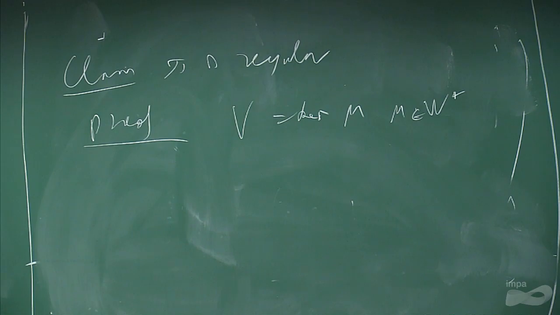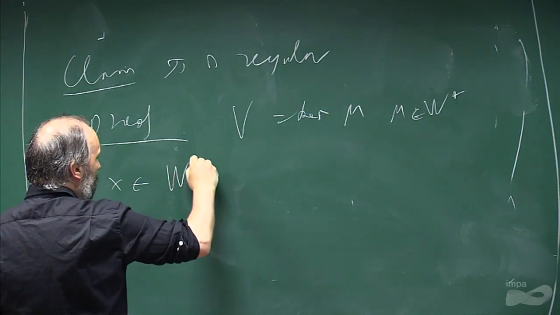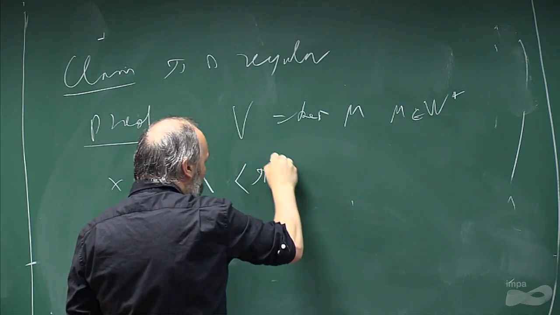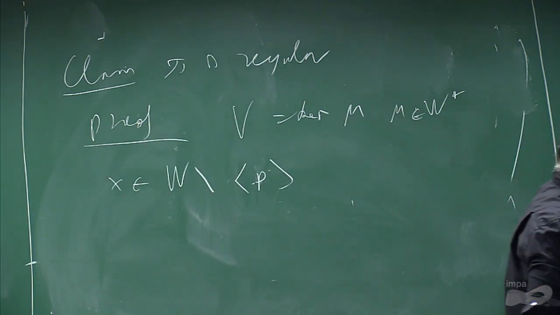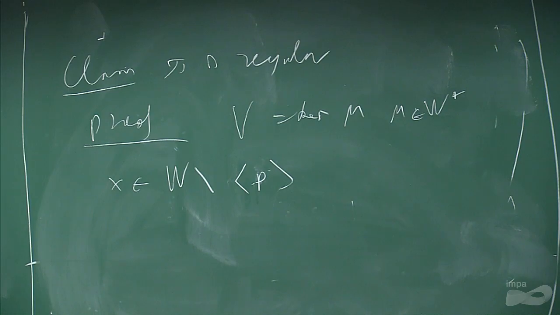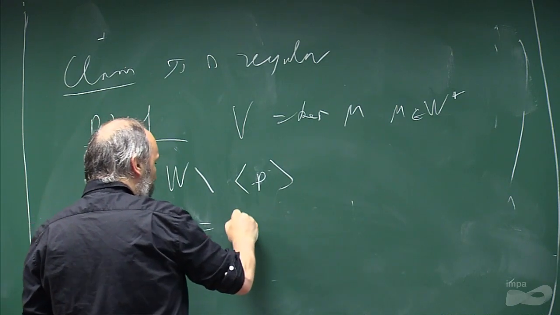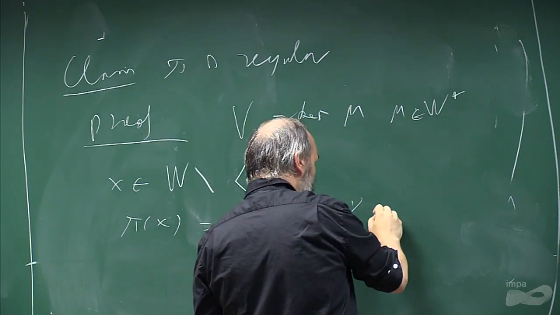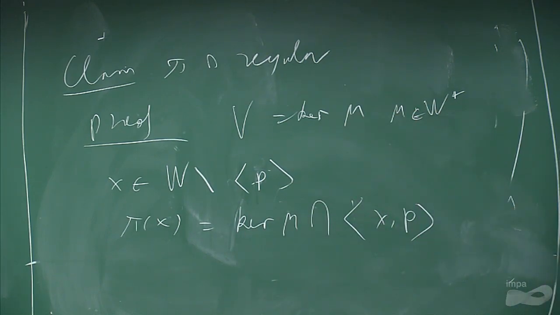Okay, now for any x inside W without the line generated by P, you can write pi of x explicitly. So pi of x is the kernel of mu intersected with the two-dimensional plane generated by x and P. And then you can write explicitly this intersection.